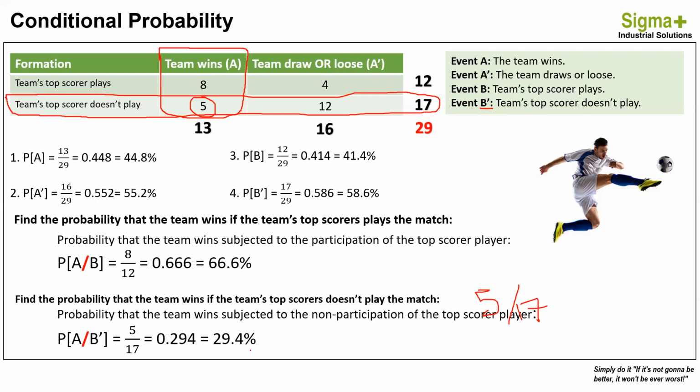So there is a 29.4% chance that the team will win the match in the absence of that player. So you can see now how strongly that player impacts the team's chance to win, the Blue Stars Club.